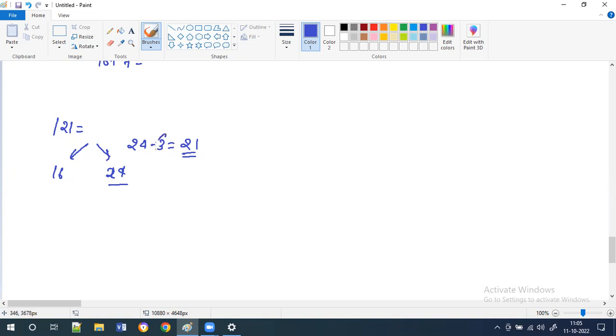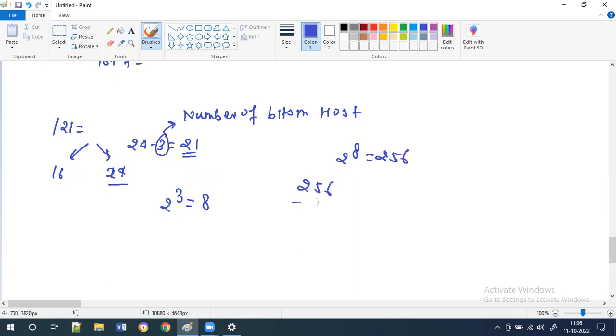This 3 represents the number of bits. So if I have 3 bits on the host side, then the rest of it will be the network side, right? With the help of the 3, you will get 2 to the power 3, which means 8. Total is 2 to the power 8, 256. 256 subtract 8.